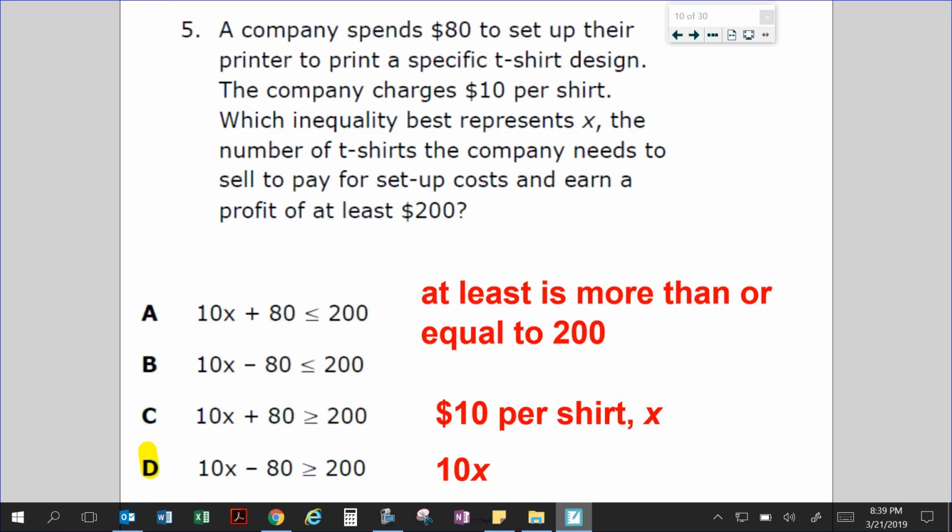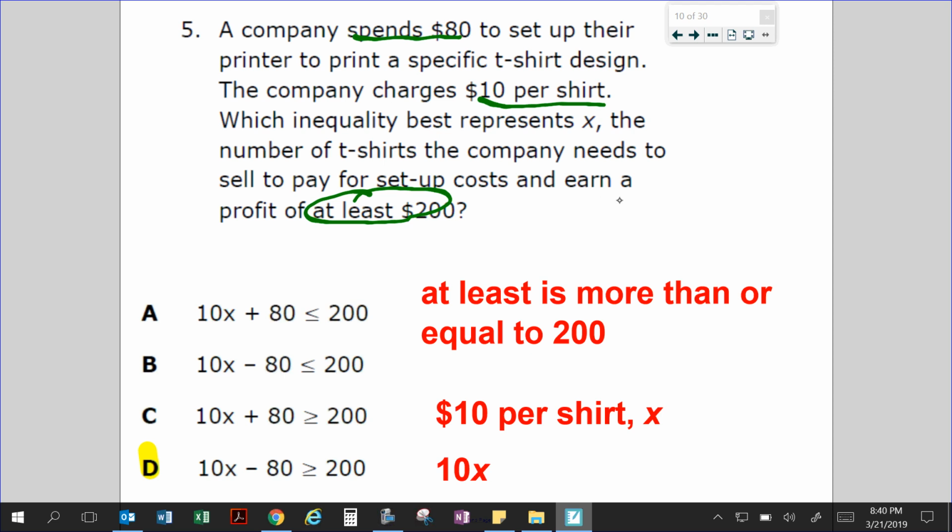Number 5. A company spends $80 to set up their printer to print a specific t-shirt design. So they spent money. The company charges $10 per shirt. Which inequality best represents x, the number of shirts the company needs to sell to pay for setup costs and earn a profit of at least $200?